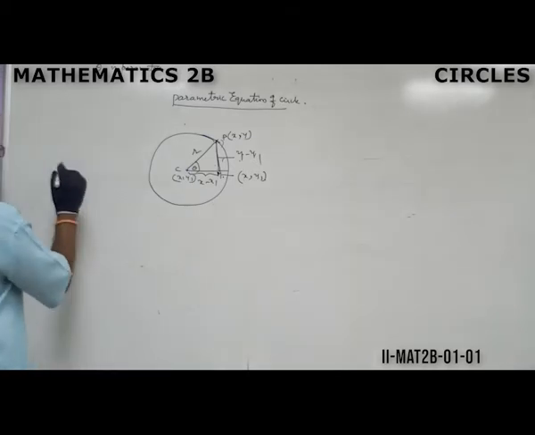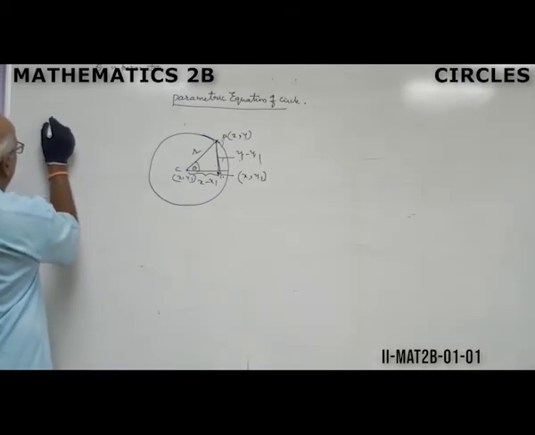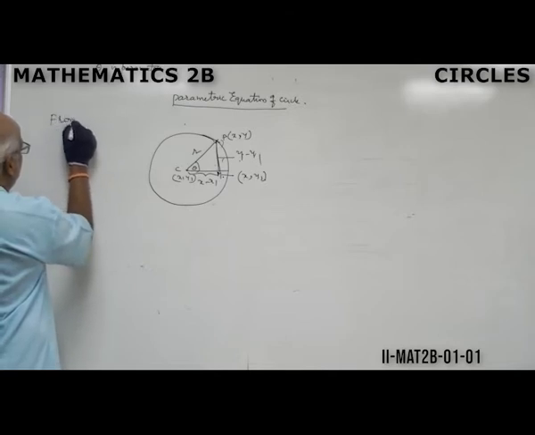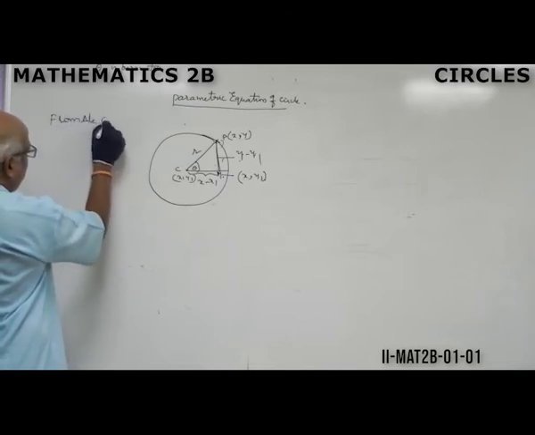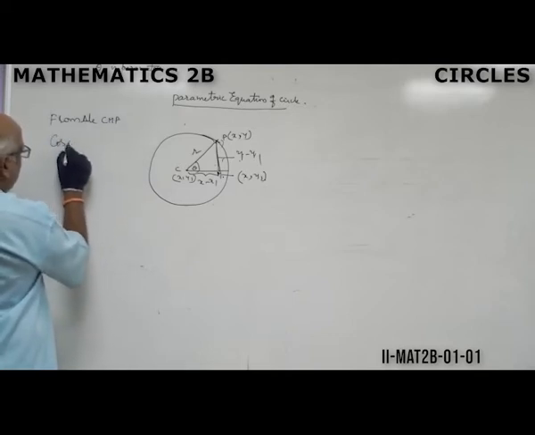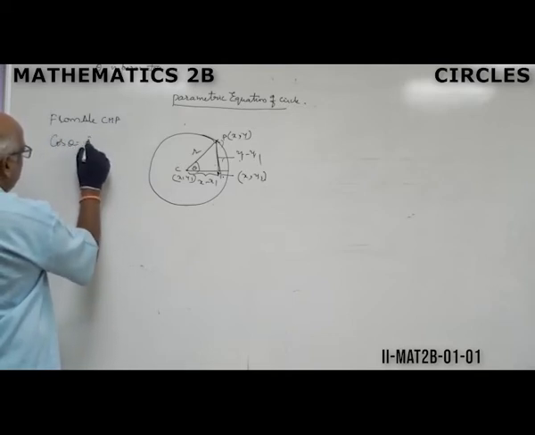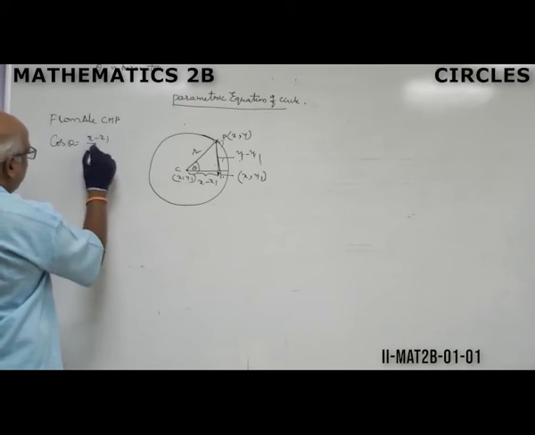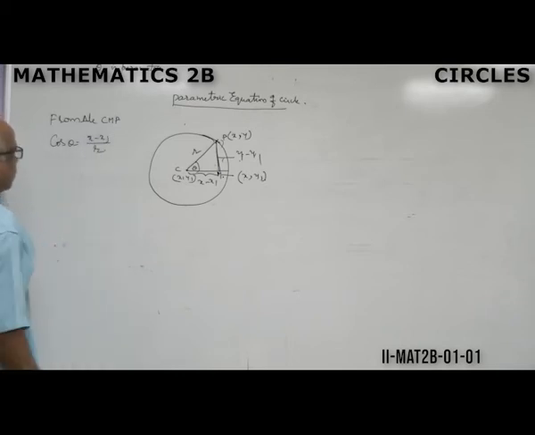So from the right triangle CMP, cos theta equals adjacent side (x minus x1) by hypotenuse r.